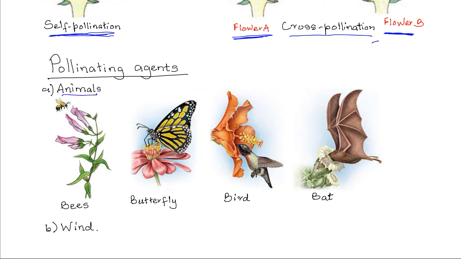Animals such as bees, butterflies, birds, and bats carry pollen grains from the anthers to the stigma. It may be from the anthers to the stigma of the same flower, or of different flowers.